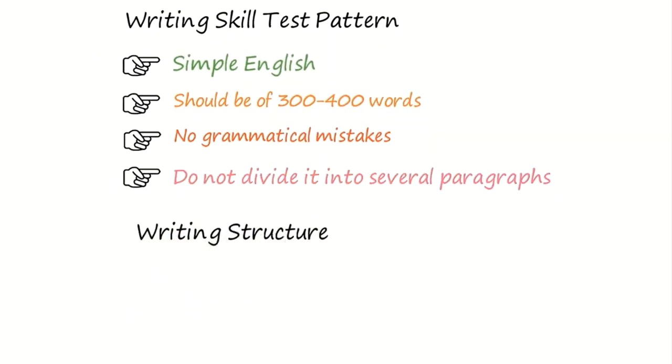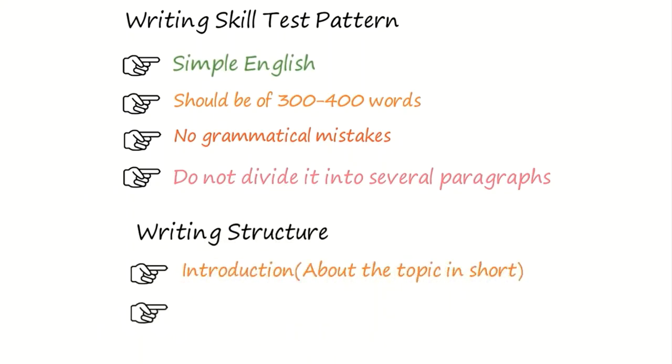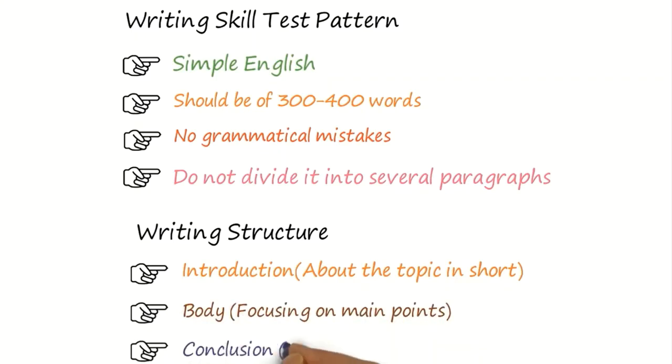Now, the writing structure should have three sections. First, the introduction, which is a brief about the topic given. Then, the body of the essay, which should focus on the main point, followed by a conclusion, which should be crisp and clear. That is, it should be clear to the reader that the body and the conclusion are aligned.